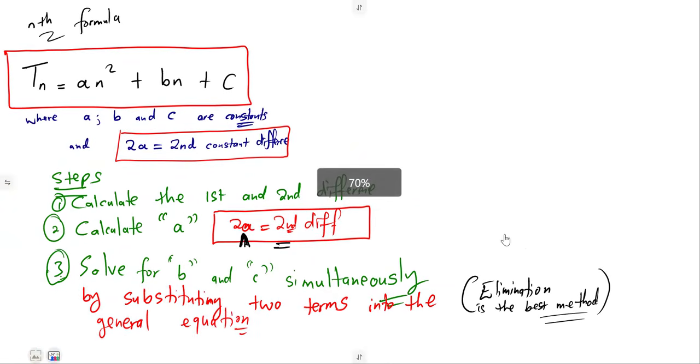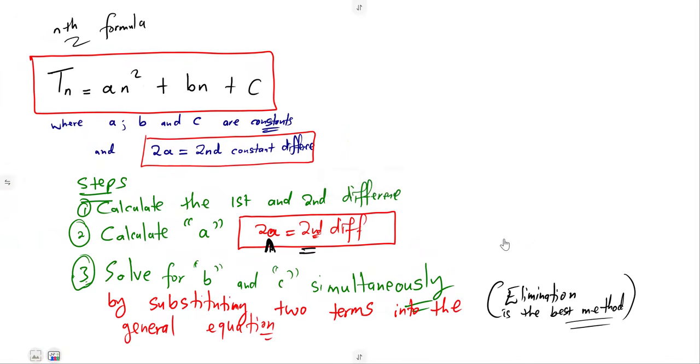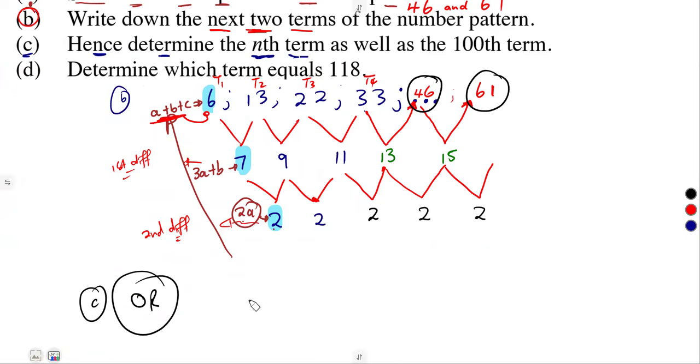All right. Since we understand that our nth formula is given by this, where we have a, b, c as constants, we can calculate those first and second differences which are already there. Then we calculate the value of a from 2a is equal to the second difference, which we already calculated. Remember, a is equal to 1.